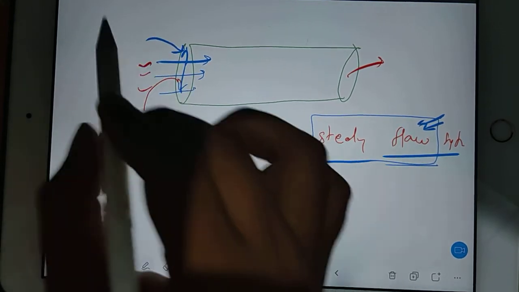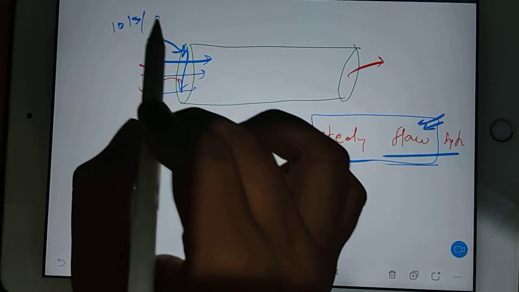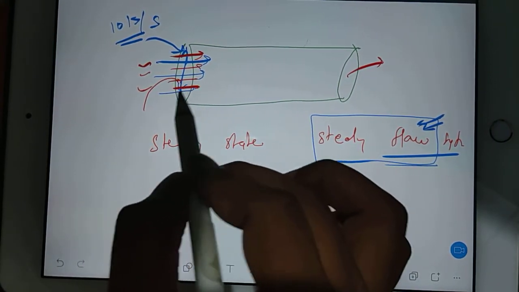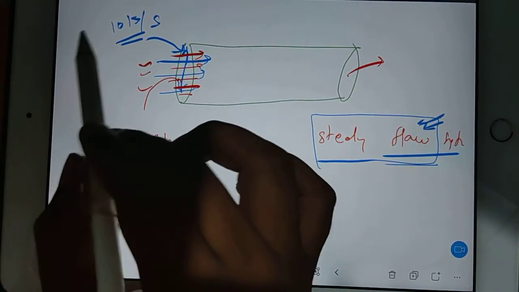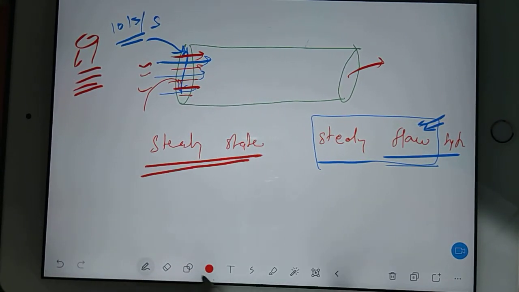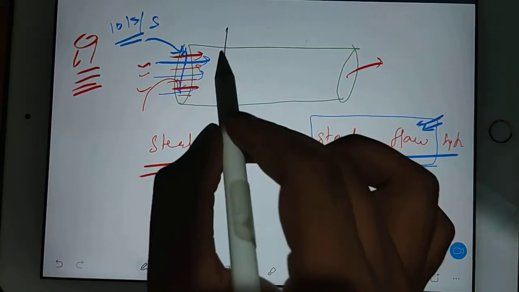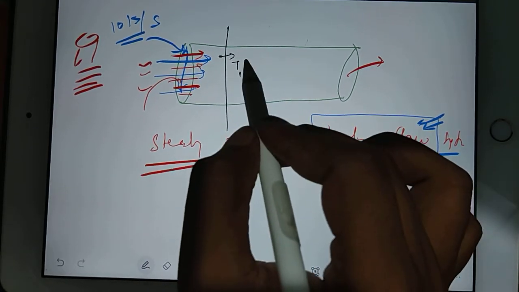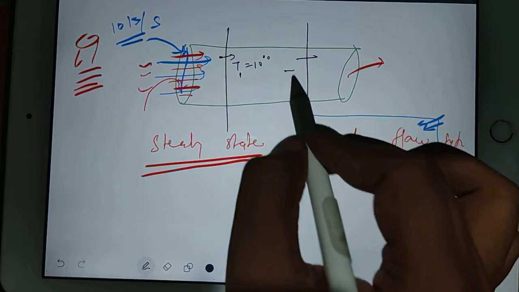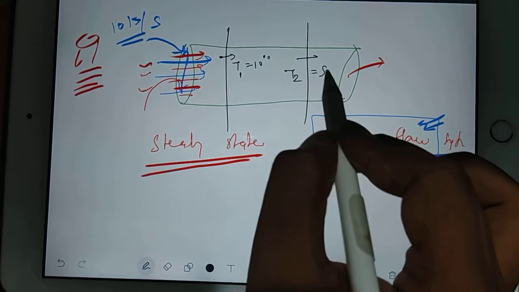If here 10 kg per second mass is entering, then every time 10 kg per second mass will be entering. It's like the pipe is on, every time same flow. And steady state means, suppose at this cross section you are trying to find the temperature, T1 is 10 degrees Celsius, and at this section the temperature T2 is suppose 50 degrees Celsius.